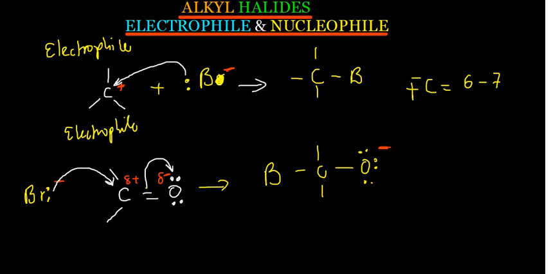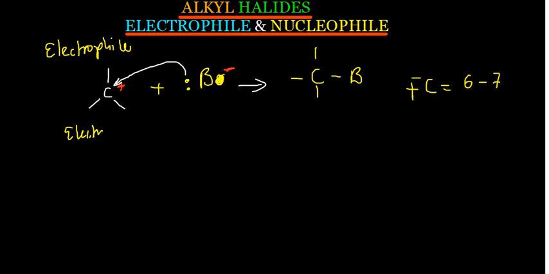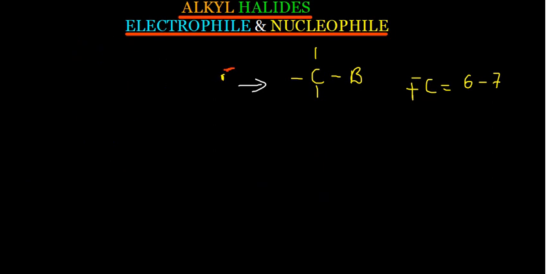So this one is also an electrophile, even if it is not a carbocation. It can either be charged or not charged as long as it is electron poor. So these are electrophiles, which can either be carbocations or not.